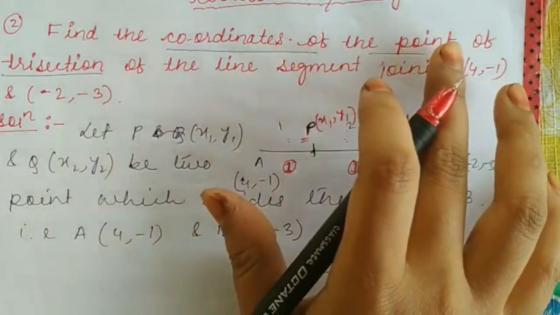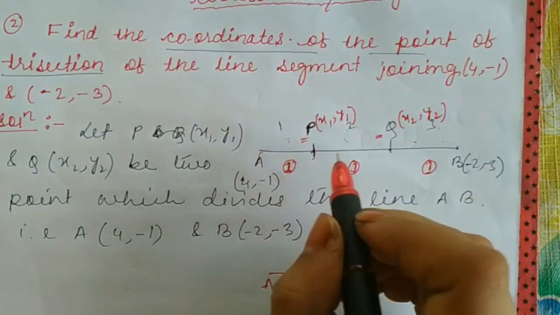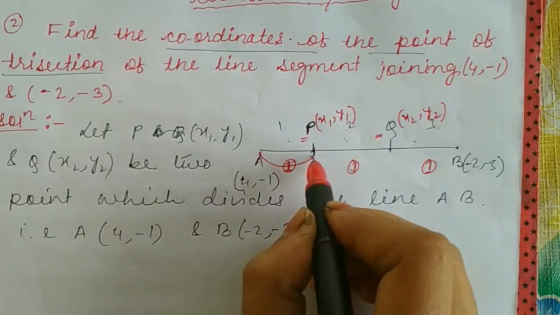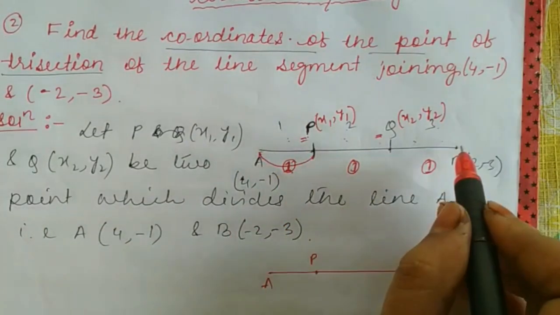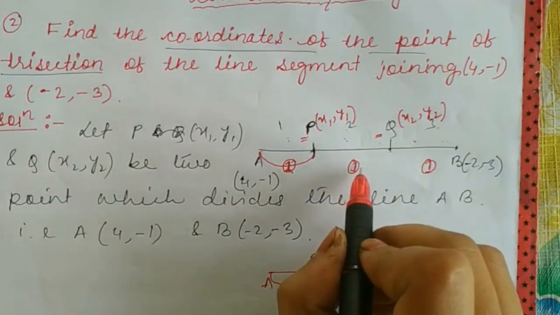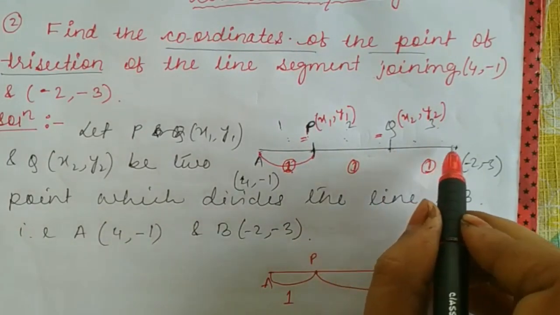The ratio is not given here. So if this part AP is 1, what is PB here? PB means PQ plus QB.